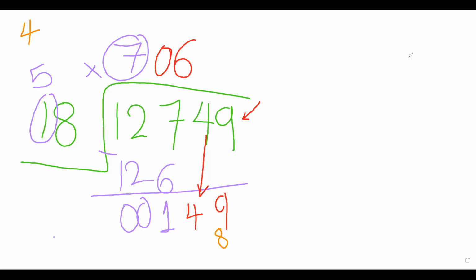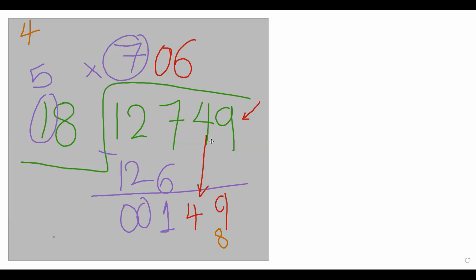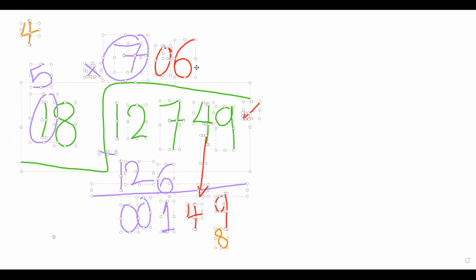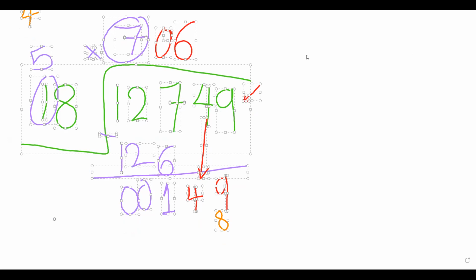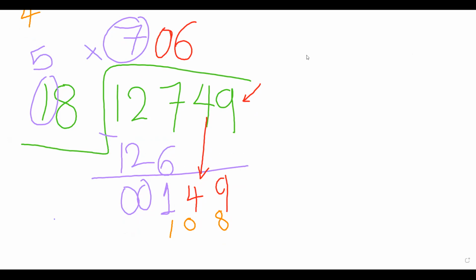And 6 times 1, 6 plus 4, 10. Now let's subtract it here. We have 1 and 41. So as you see here, the remainder is 41.